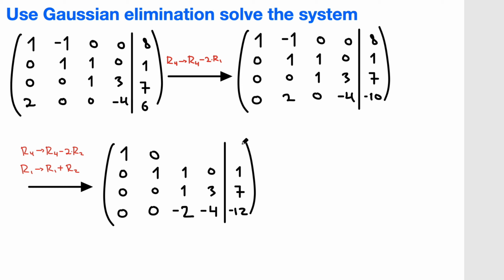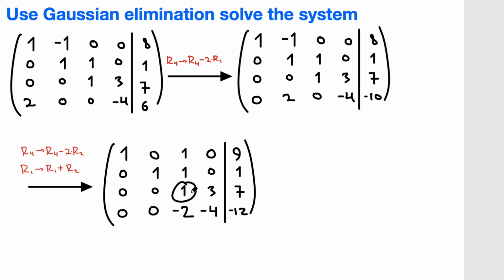And then let's go back up to row number 1. So for row number 1, we have R1 becomes R1 plus R2. So that gives us a 1 over here, a 0, and a 9. And now I'm going to just show you the end result, or maybe we'll continue just a little bit more. We need a 1 over here, and we have it.